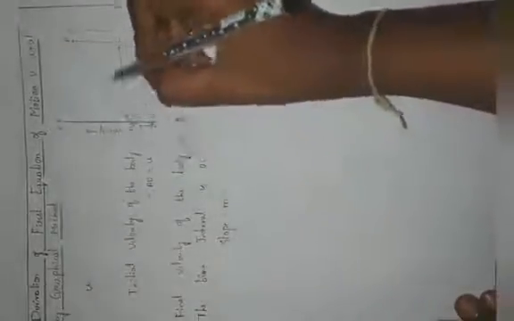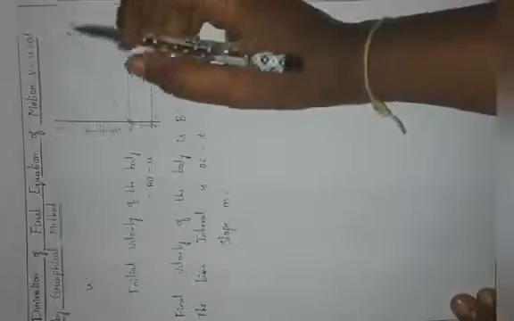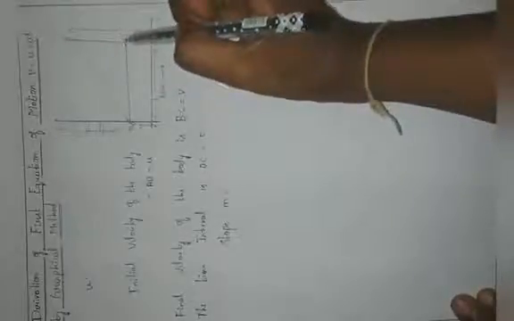For example, if you draw a triangle to the graph, in that triangle you have to take the ratio of vertical distance and horizontal distance.